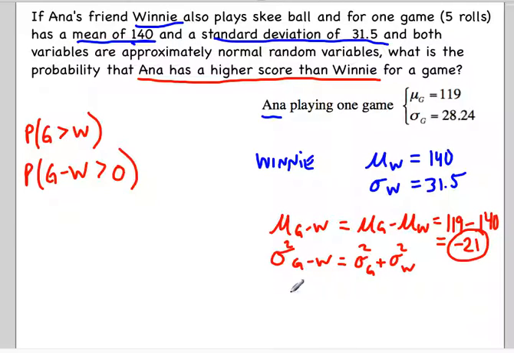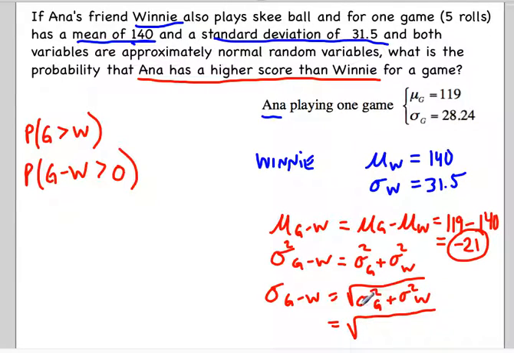And then in order to get the standard deviation, I have to take the square root of all that stuff. Okay, so I'm going to take the square root of Anna's standard deviation squared, so that would be 28.24 squared, plus Winnie's standard deviation squared, 31.5 squared.